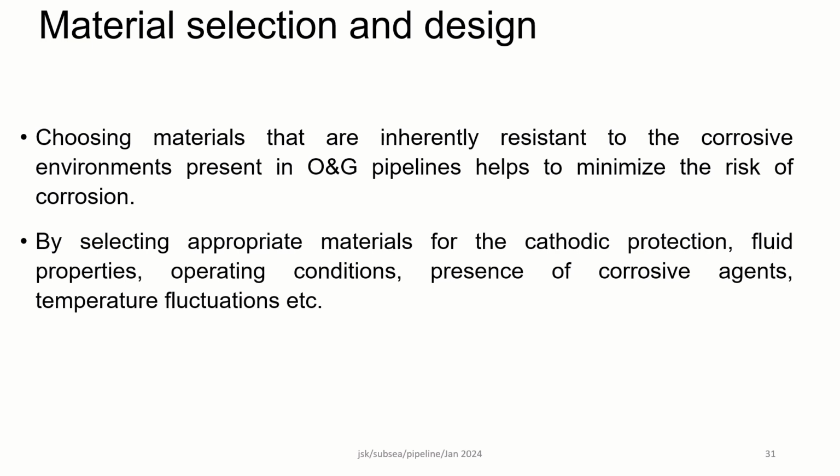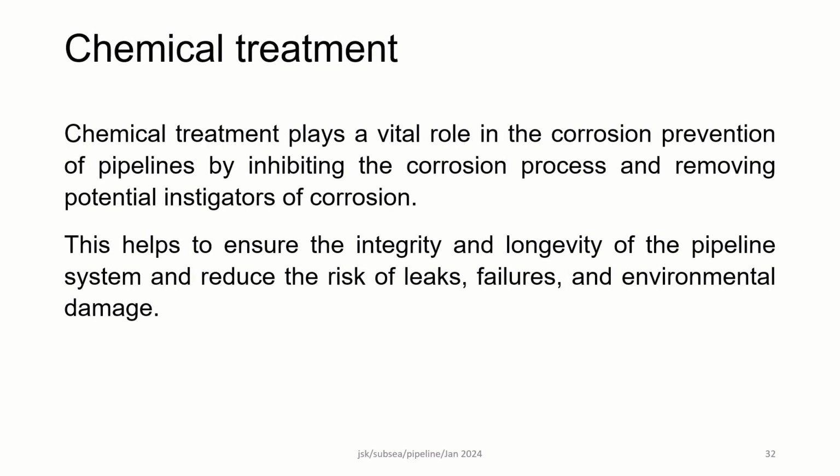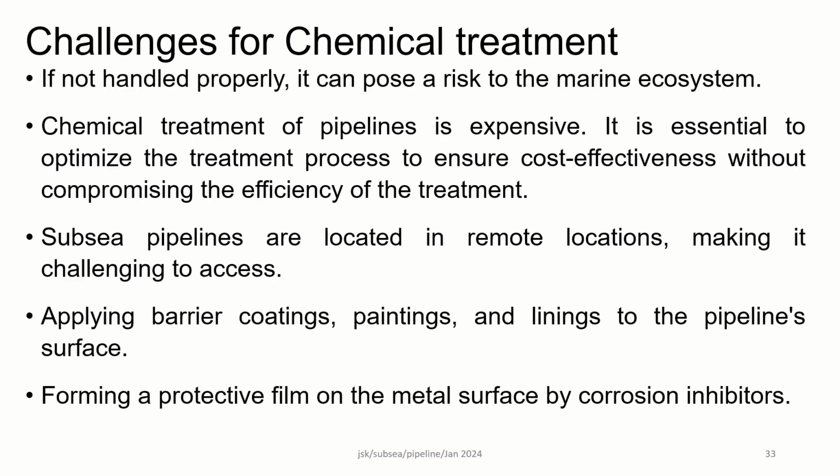It does not remove the risk, but it helps in minimizing the risk by selecting appropriate materials for cathodic protection, fluid properties, operating conditions, presence of corrosive agents, temperature fluctuations, etc. Chemical treatment plays a vital role in corrosion prevention of pipelines by inhibiting the corrosion process and removing the potential instigators. This helps to ensure the integrity and longevity.